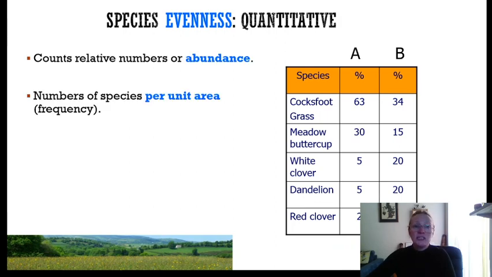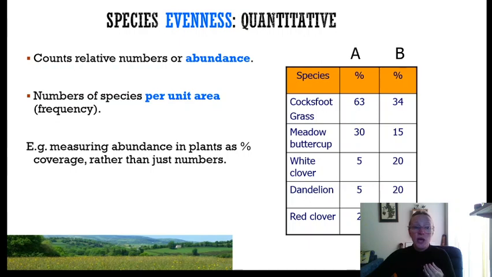Species evenness is a little bit better, as it does take into account the abundance of particular species in an area. You can see in site A that it's dominated by this cocksfoot grass, at 63%.